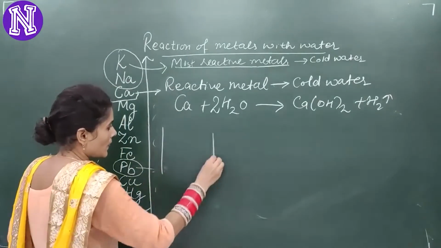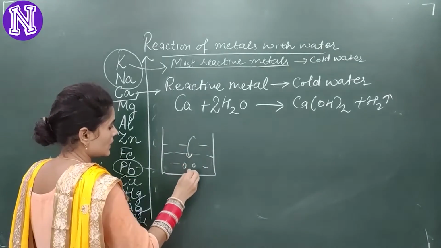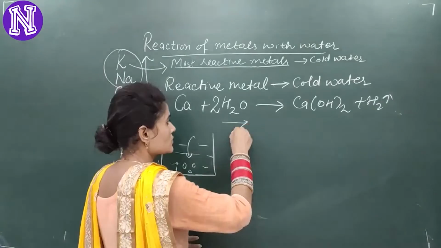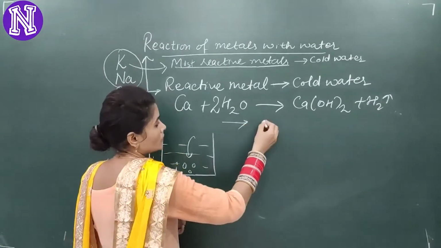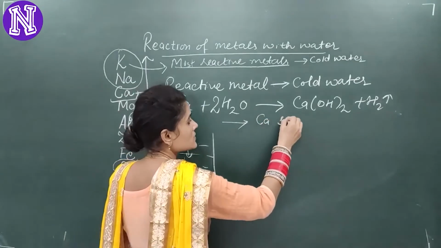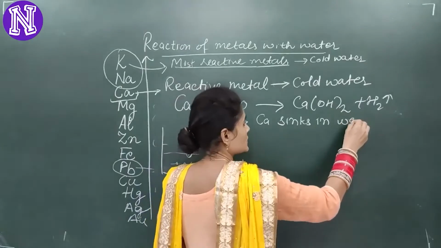So see, suppose I am taking cold water and putting calcium metal in it. Students, in the case of calcium, what are the characteristics of the reaction? Calcium sinks in water first.